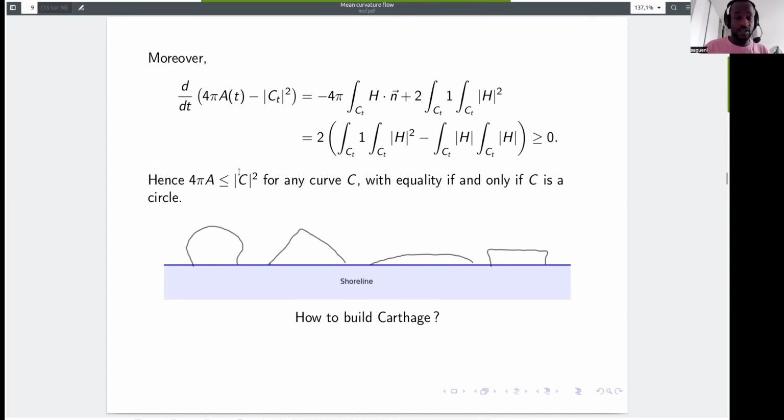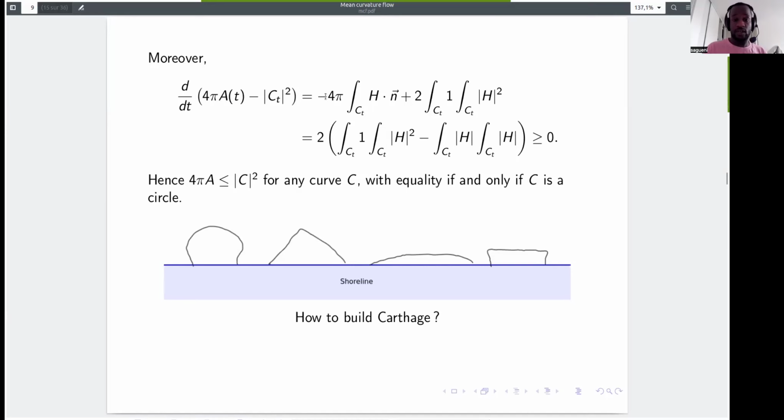How to do that? We start with a curve C, and we consider A(t), the area inside it, and L(t), the length of the curve at time t, and we consider this quantity and we derive it with time. So we take the derivative.